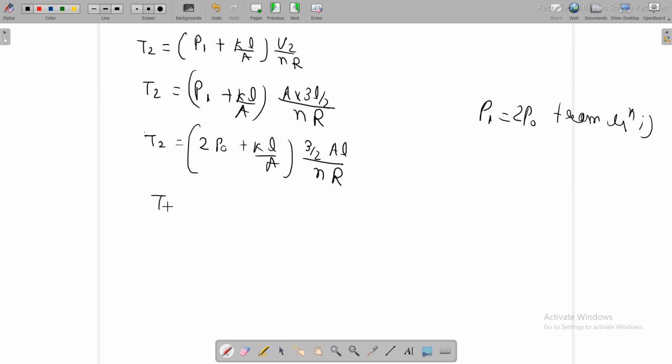Now temperature T2 is equal to P0 into 3, just expanding the term, over nR plus KL by A into 3 by 2 AL over nR. A gets cancelled.